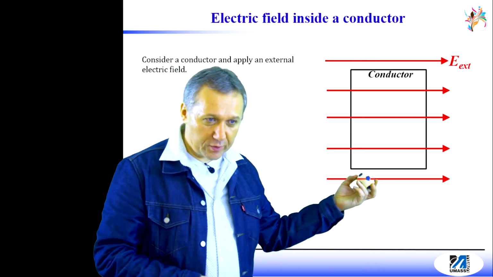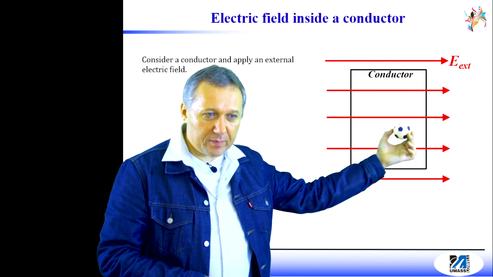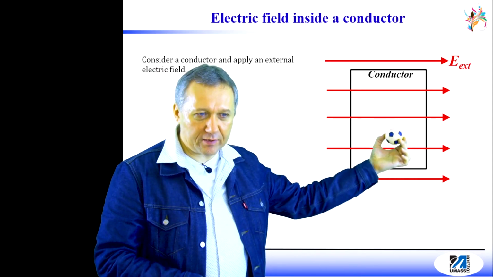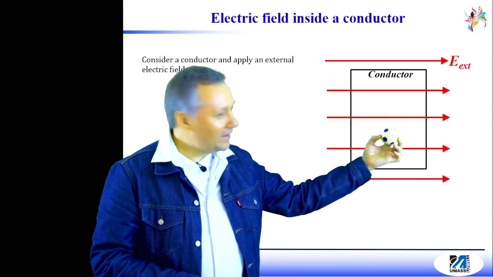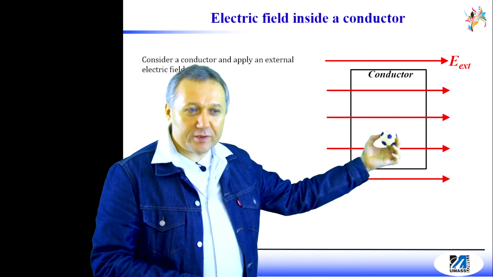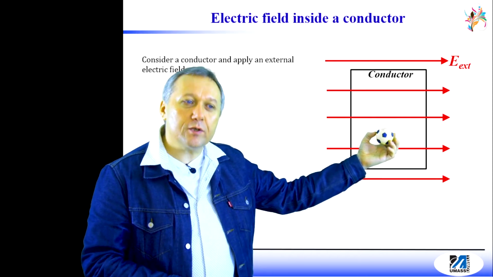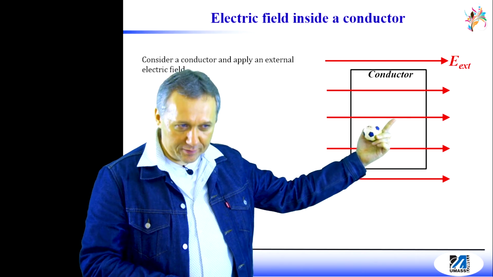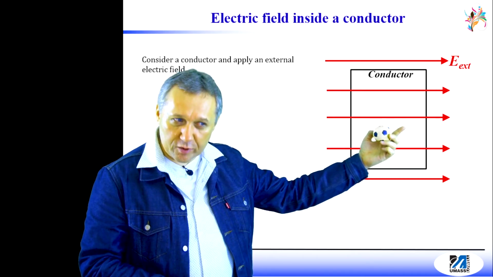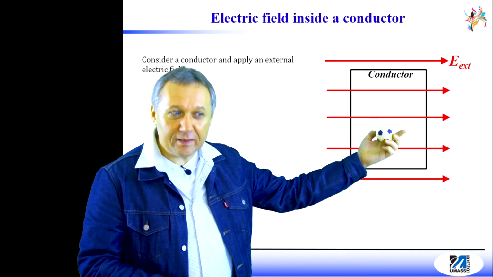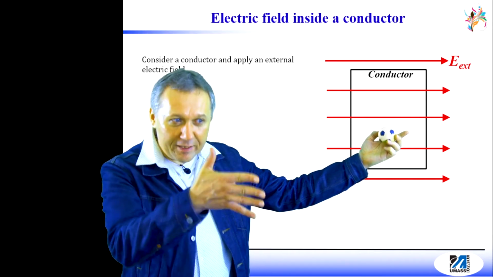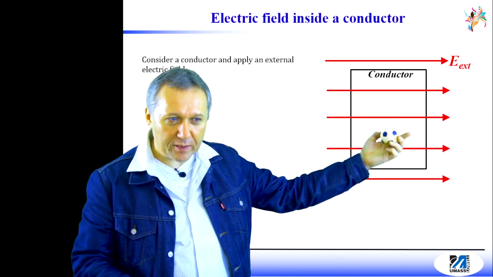Of course, the question is reasonably simple. Let's imagine this is an electron inside of this conductor. Barely visible, right? This electron is going to interact with the external electric field, and it is going to experience electric force. F equals QE. You remember that fundamental equation?